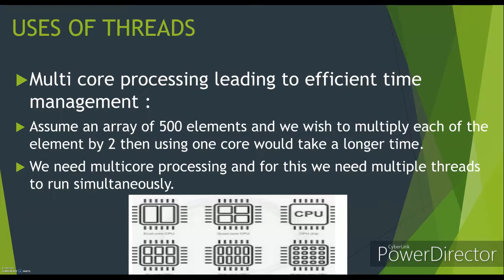However, if you perform this operation using a single core, it would take a longer time. Performing the same operation using multi-core processing would save a lot of time and would thus prove to be time efficient. But in order to implement this multi-core processing approach, you need the application and implementation of threads.